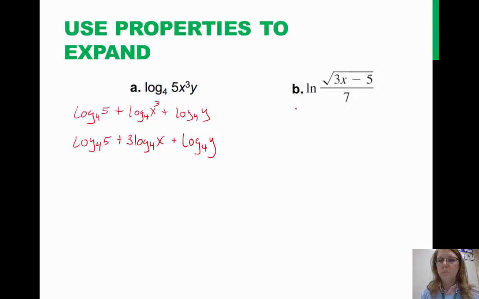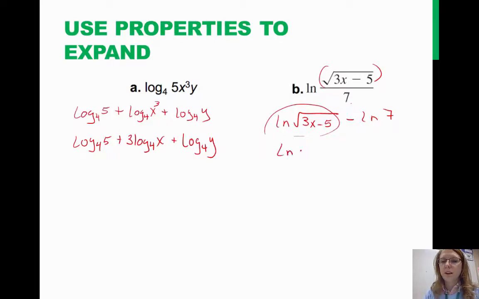On part B, there are actually several things going on, so we're going to have to take it in pieces. First of all, this is one piece and this is the other, and it's being divided. So I'm going to divide it up like this: minus natural log of 7. Now this is as simplified as we can go, but I need to look at this particular expression right here and simplify that further.